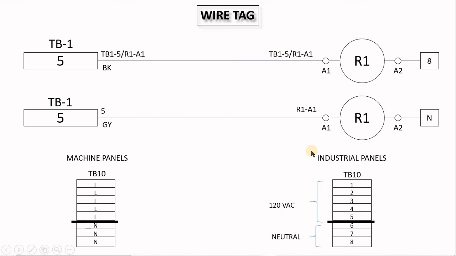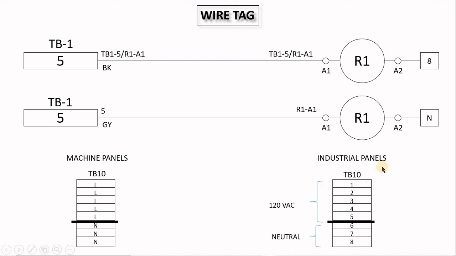That brings us to different methods of panel manufacturing. In machinery panels, most of the time, I said most of the time, but not everyone, they put, let's say, LLL. That means these are the live terminals. You can take any one of them and use it in the cabinet, and this is the end. So you can land it in any one of them.